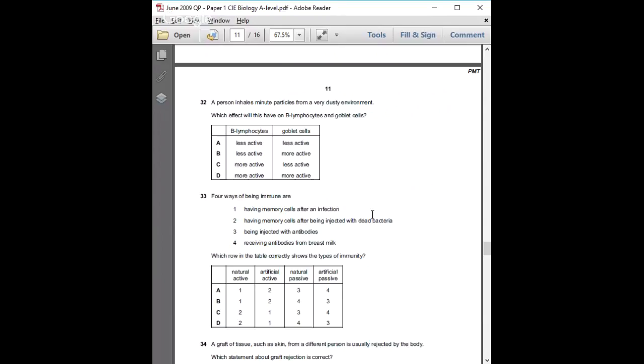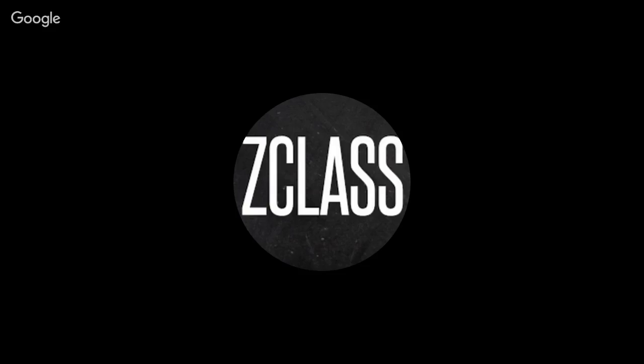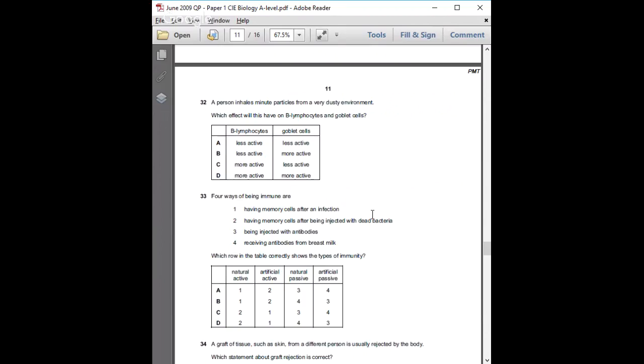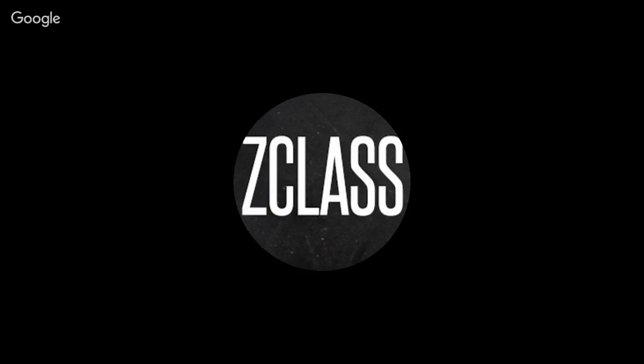Would they become less active or more active? They become more active. Okay, good. Why is that? Because more mucus will be produced because it traps the particles.